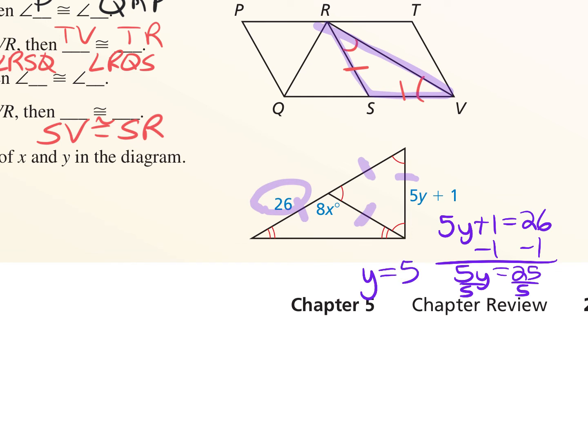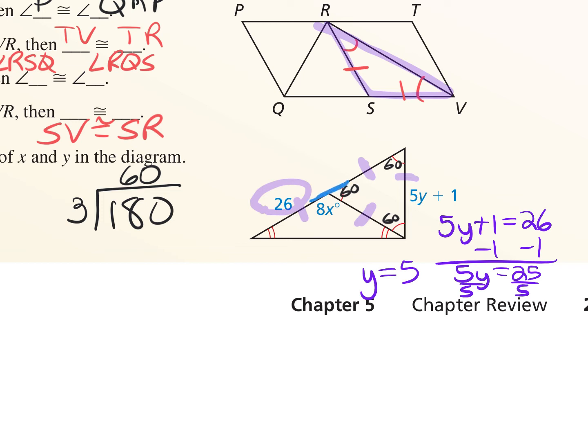Now, also in my equiangular triangle, if you know that the 3 angles of a triangle are always going to add up to be 180, and if you have 3 congruent angles, we can divide that 180 by 3, and each angle in an equiangular triangle is going to be 60 degrees. Now to find the value of X, I'm going to reach back to where I learned about my linear pair or my straight angle and realize that this is a straight line.